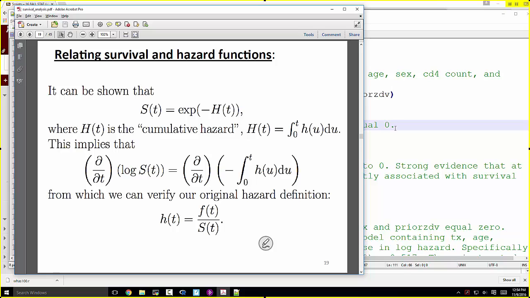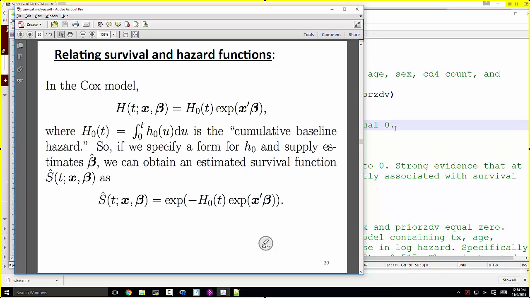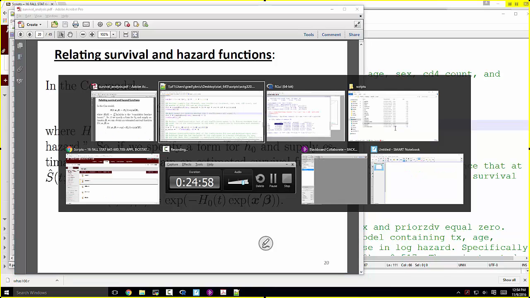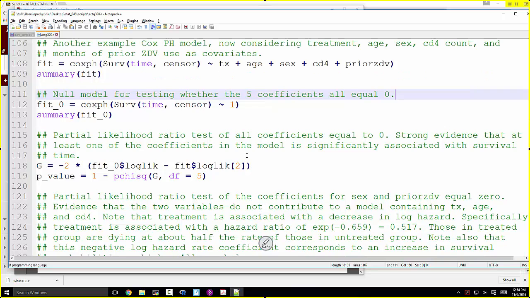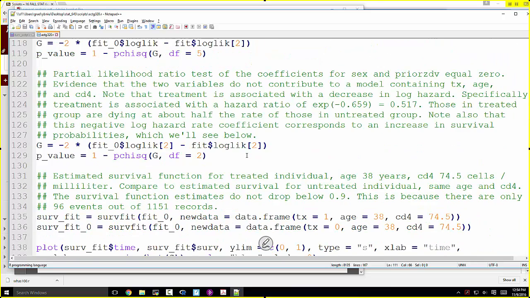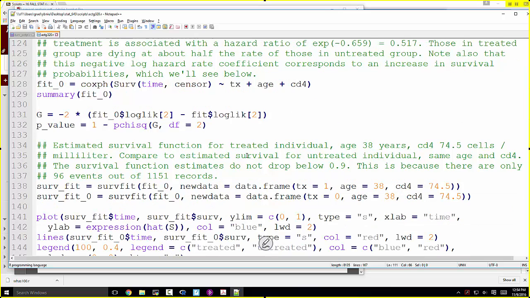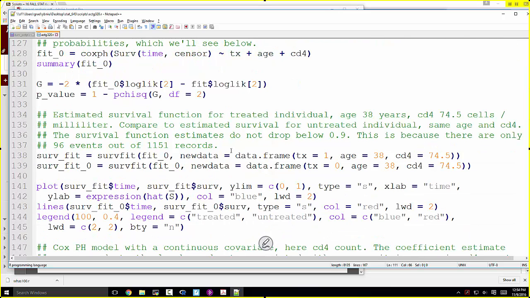But what we just said was there was a relationship between survival and a hazards model. So we can go back and forth between a Cox model and a survival curve. So let me show you how to do that survival curve before we move off of this picture. Estimated survival curve.